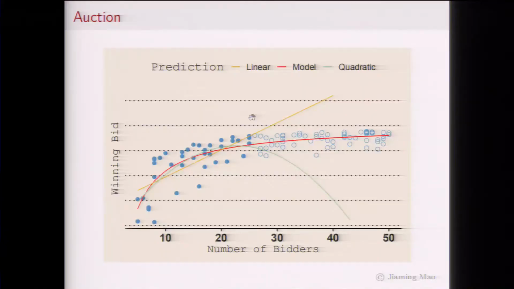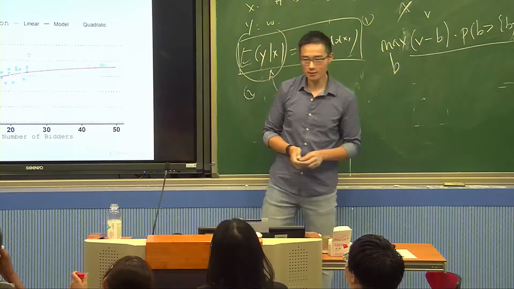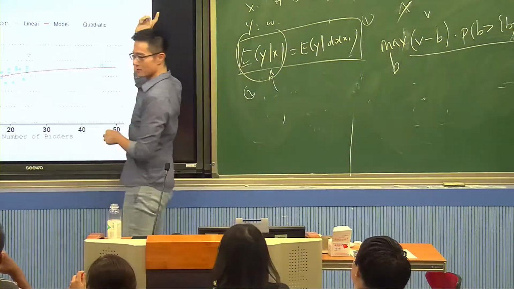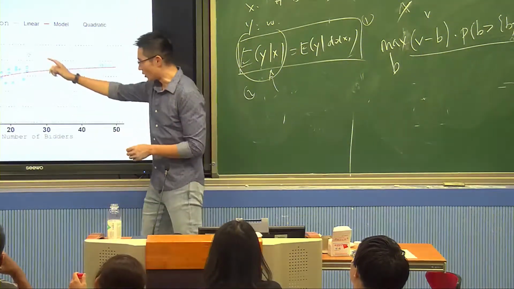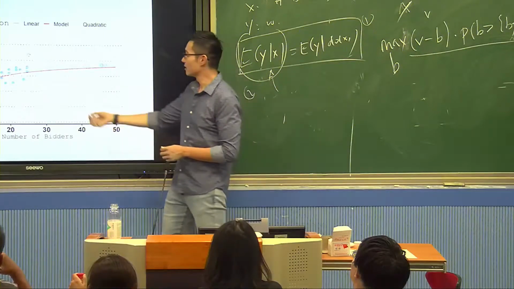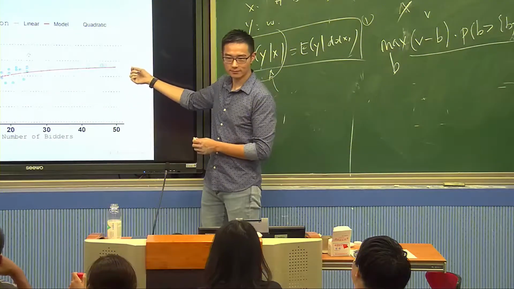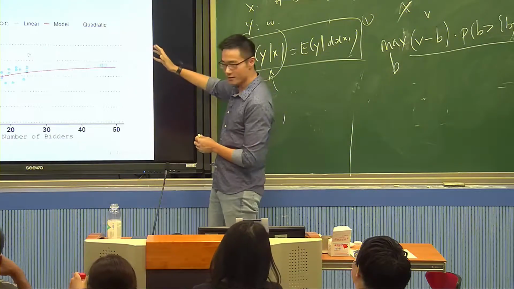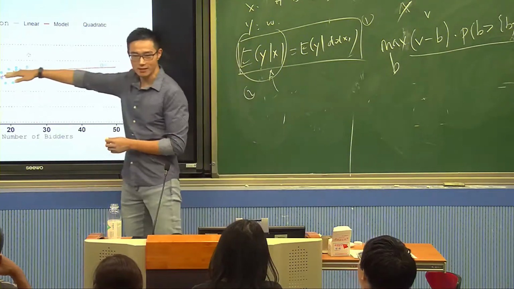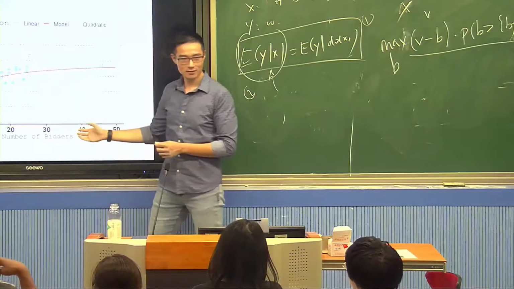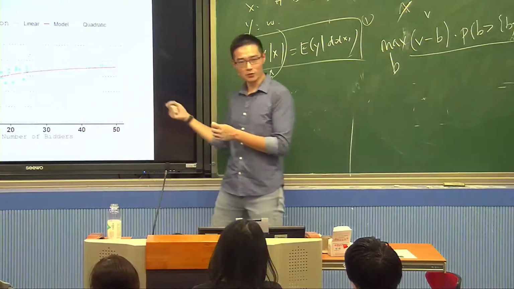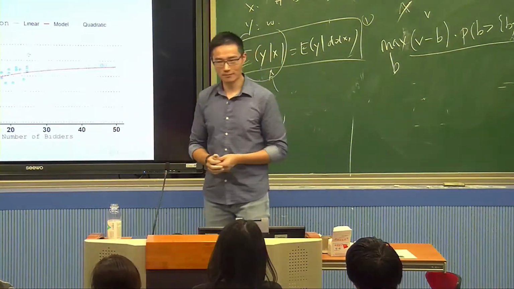Then you see a huge difference between the three models. Okay? The linear model goes all the way up, the quadratic model goes all the way down, and the structural model gives you something like this, right? And obviously, in this case, the structural model is much more reasonable than the other two, correct? If we go to x equal to 50.